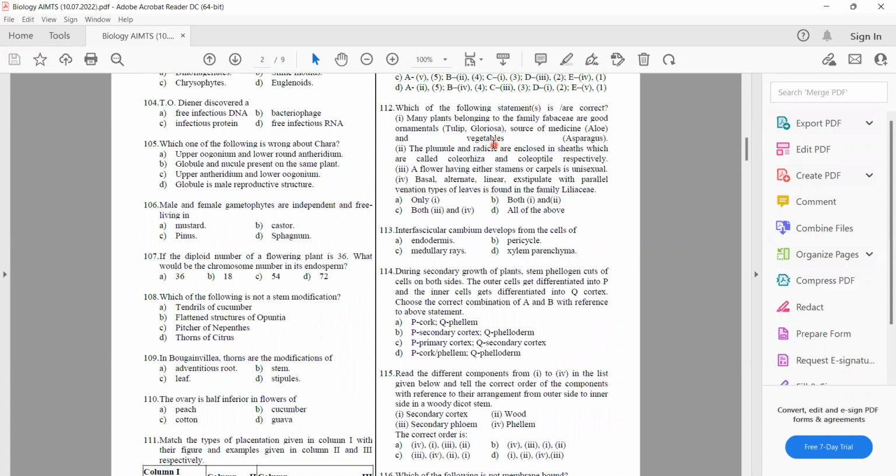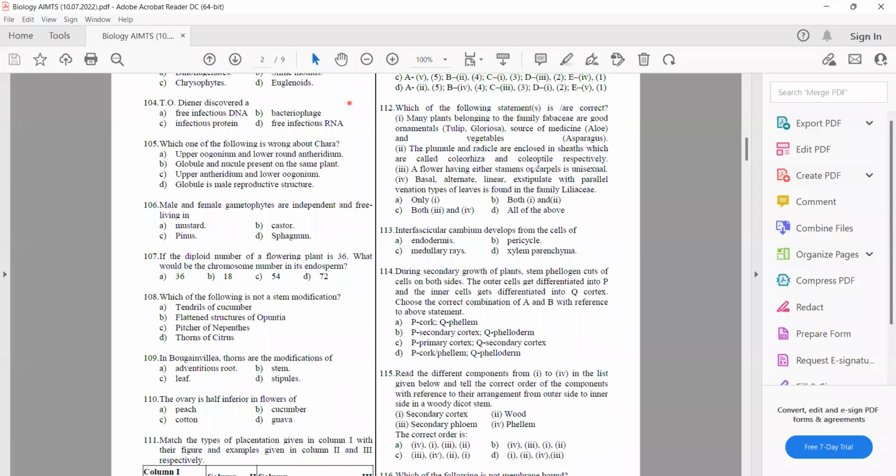The plumule and radicle are enclosed in sheaths which are called coleorhiza and coleoptile respectively. Flowers having either stamens or carpels are unisexual. Basal alternate linear exstipulate leaves with parallel venation are found in the family Liliaceae. So these are the four statements.